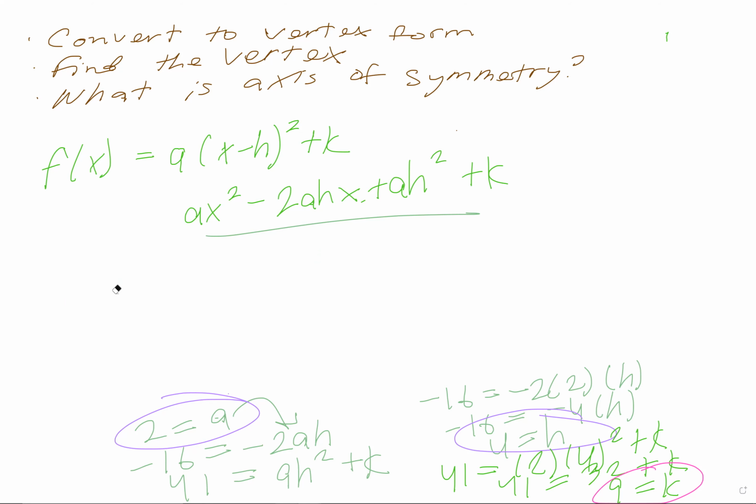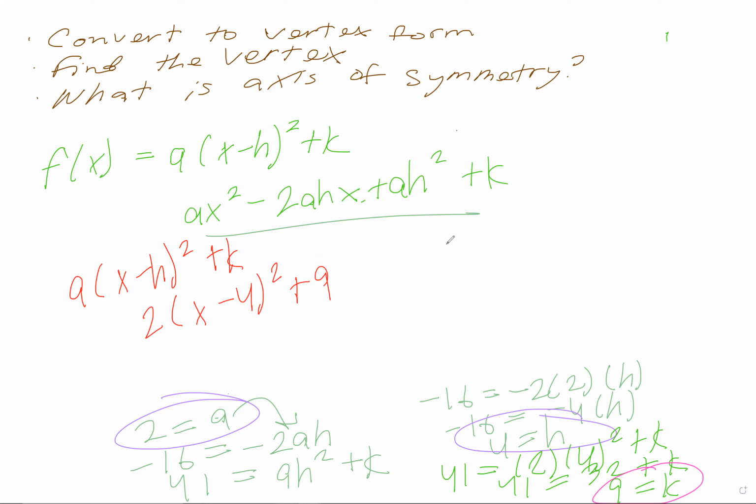What is vertex form again? A times (x minus h) squared plus k. Now if we substitute our a, h, and k in, we have 2 times (x minus 4) squared plus 9.